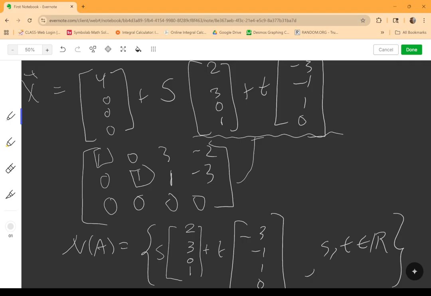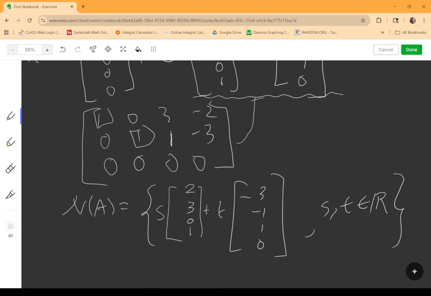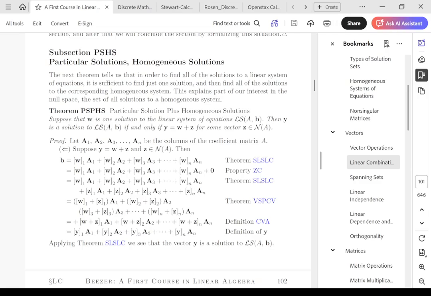Now we can see here, and this will hold for any linear system, that we have what's called a particular solution. W is one particular solution, a solution of the system, and then Z is in the null space.